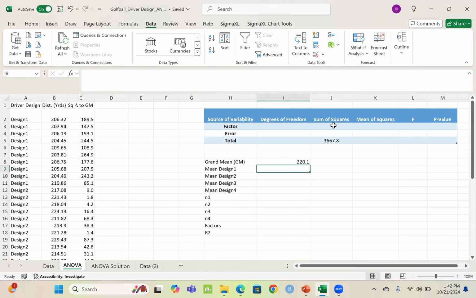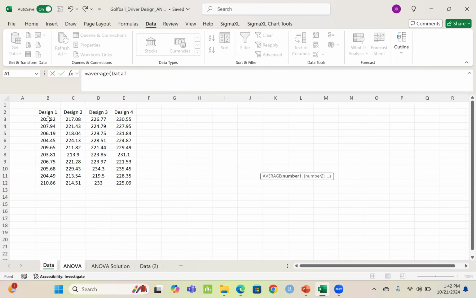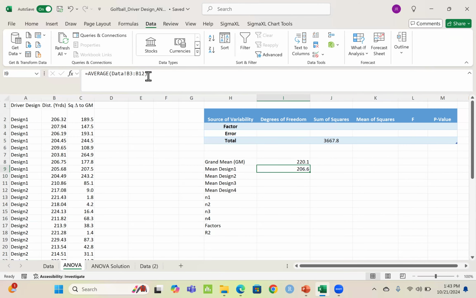So I'm going to calculate the mean for design one, and I'm going to leverage the data that I have on the previous slide. So I'm going to go to average. I can calculate a little bit more complicated formula in the data that I have, but I think it would be easier for me to actually do it from here. So this is the mean of design one.